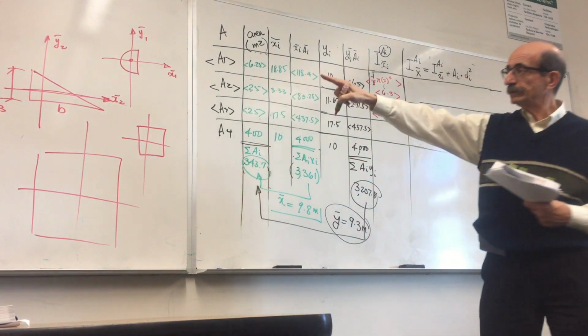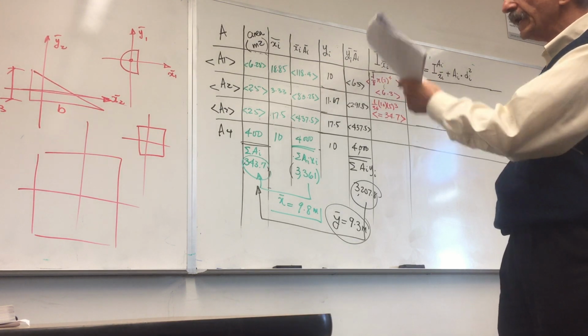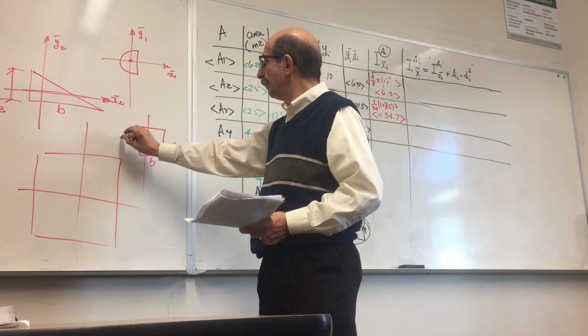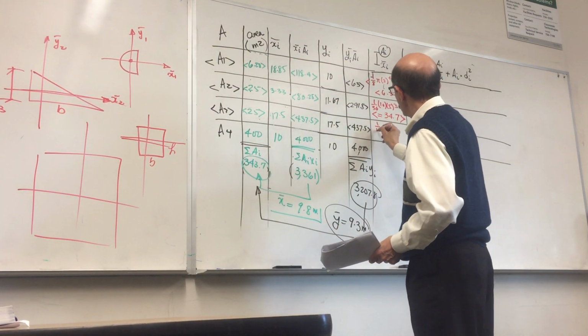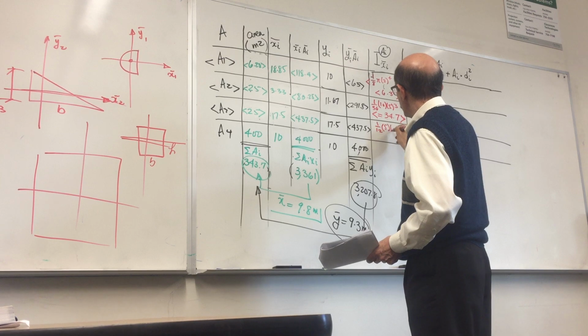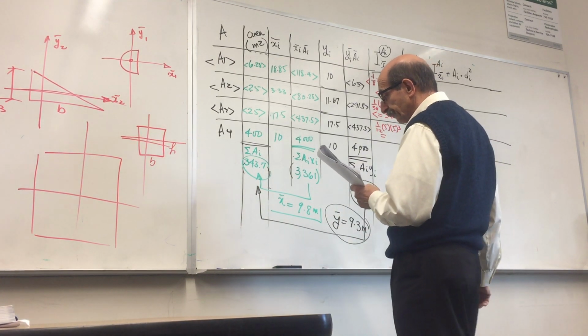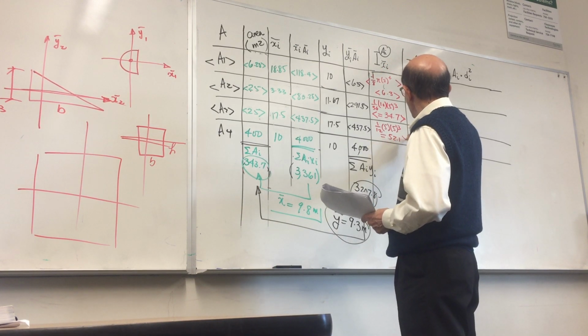You go to the next one. That square is 1/12 bh³. If this is B, this is h, about this is 1/12 bh³. So it's 1/12. B and h in this case happen to be the same. So that will give you 52.1.